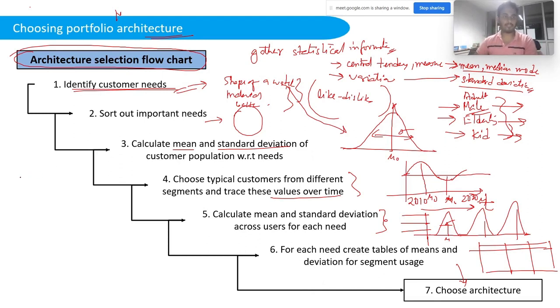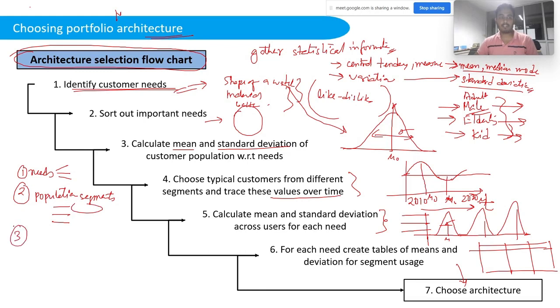One is needs, then population segments. Needs means what the different needs are, and population segments means what different types of population segment exist.